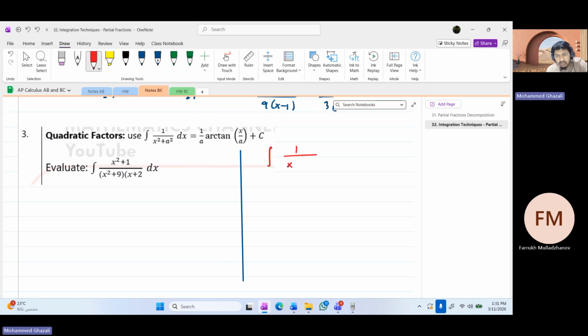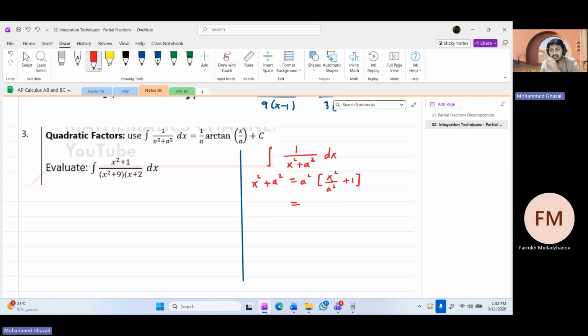of 1 over x squared plus a squared dx, because we got to complete the square here, right? Integral of, take out a squared as a common factor. Yeah, we're supposed to be completing the square and then taking du dx. So remember x squared plus a squared is now equal to a squared into x squared over a squared plus 1.